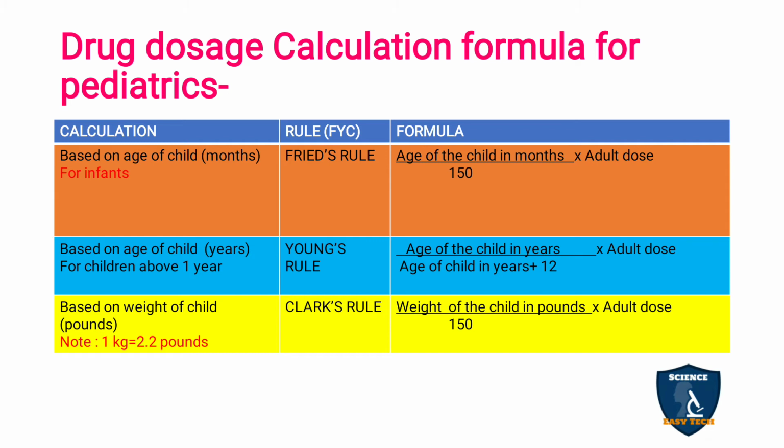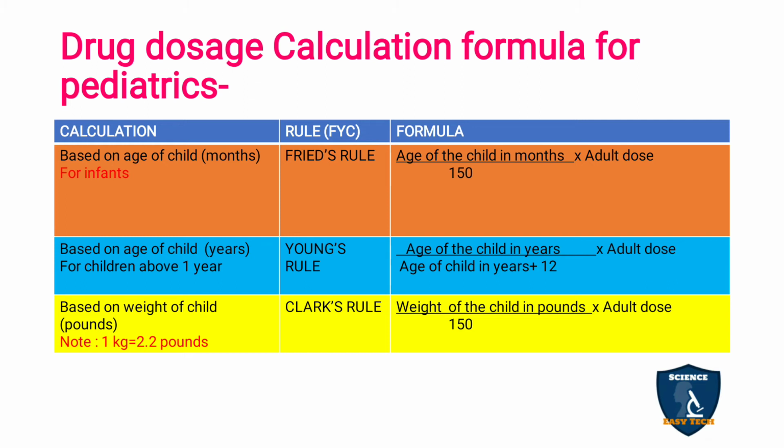So how do we calculate the drug dosage for pediatrics? Pediatric drug dose can be calculated in three ways. The main classification is based on the age of the child and the weight of the child. Based on age, you have two formulas, and based on weight, you have one formula.